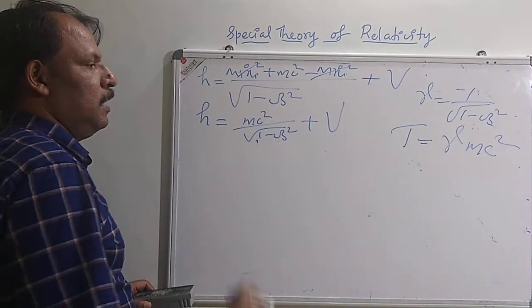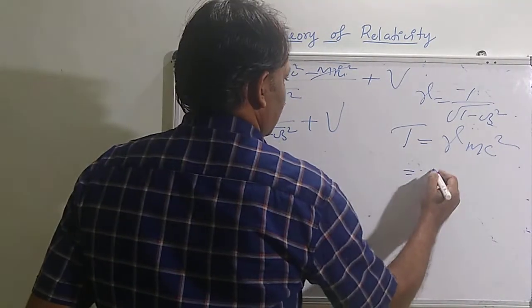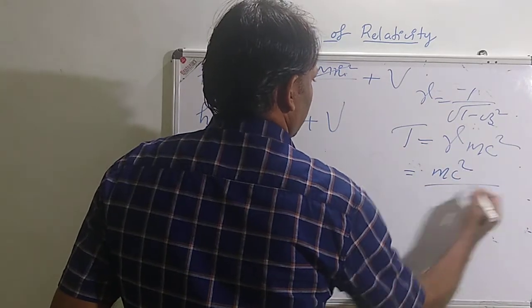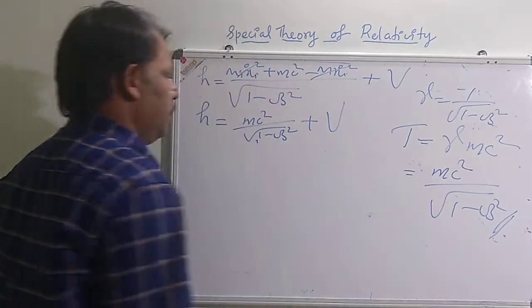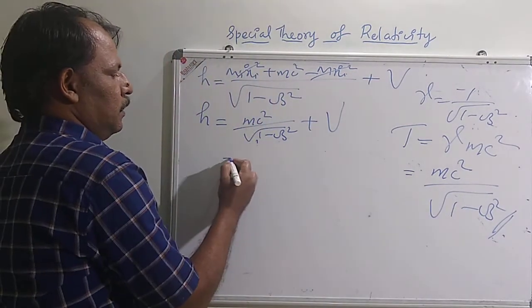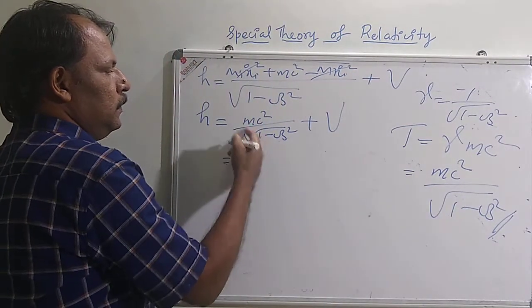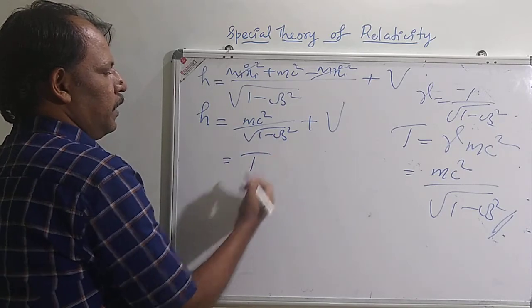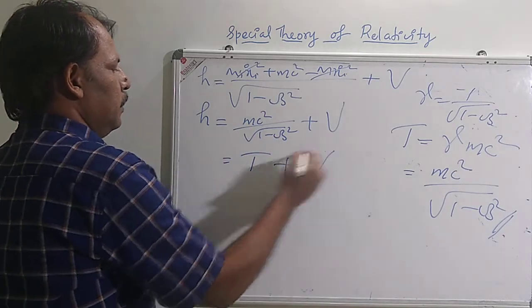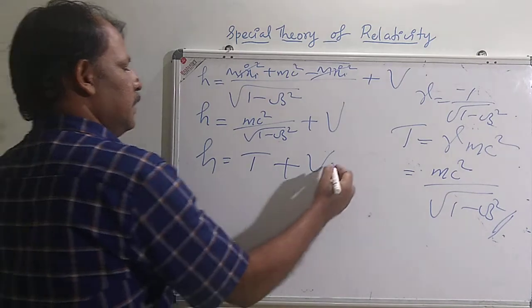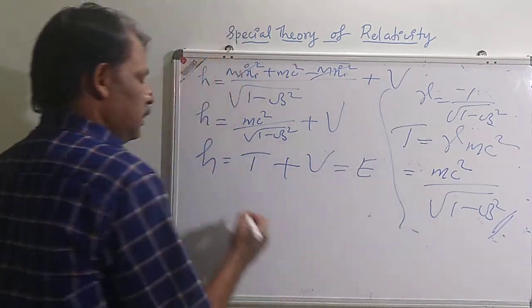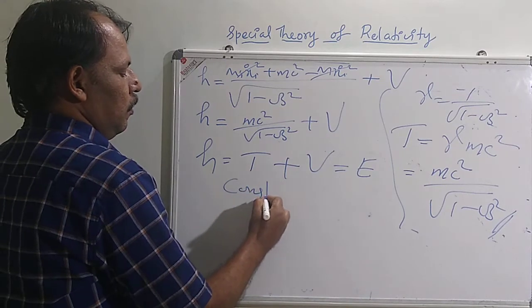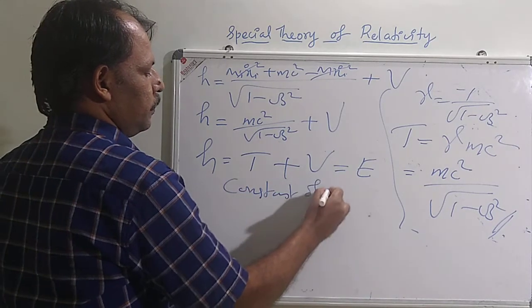So kinetic energy is gamma mc square, or we can write it as mc square by root of 1 minus beta square. So here the equation is mc square by root of 1 minus beta square, T, plus V. So the energy function H is found to be T plus V, which is equal to the total energy, which is a constant of motion.